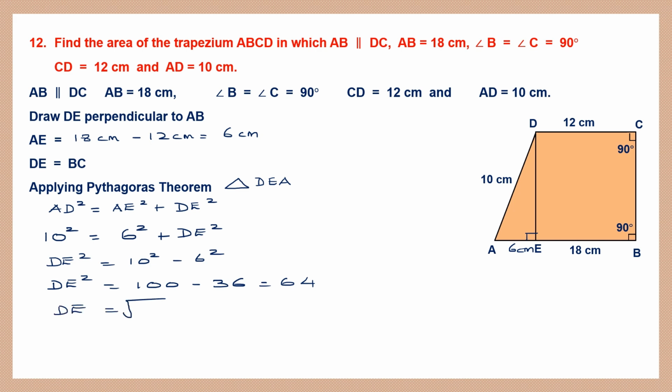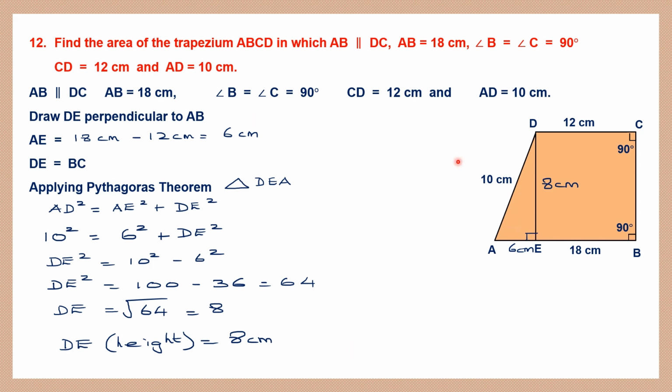DE is the square root of 64. And what is the square root of 64? 8. That means we have found DE. And DE is the height. So we have found the height to be 8 centimeters. So let's write it here. So the height of this trapezium is 8 centimeters.